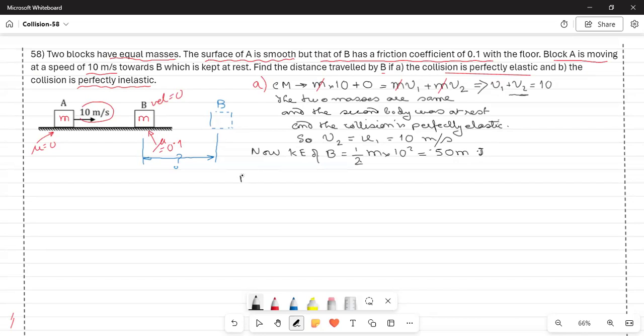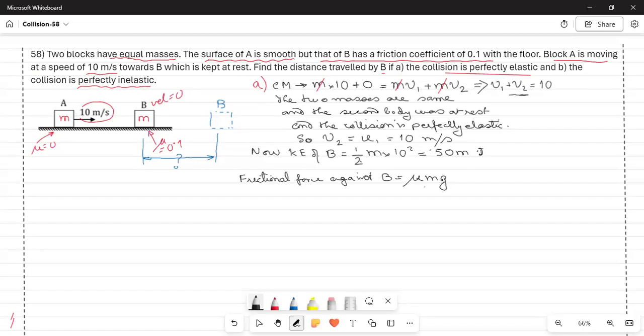Now, force against frictional force. Let us write the frictional force against B, which is equal to mu times the reaction force mg, so mu mg.